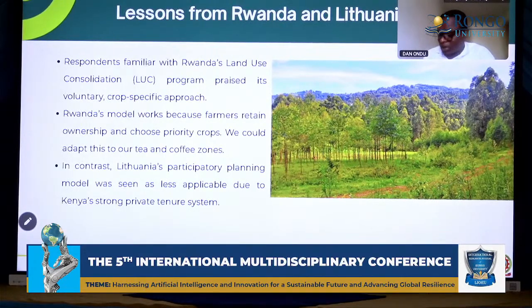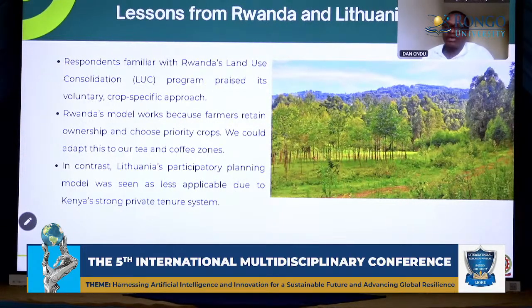In the second question, I looked at Lithuania because it has a relatively more successful land use consolidation program that started in 1991, and it was supposed to be a benchmark for an overall successful land use consolidation.